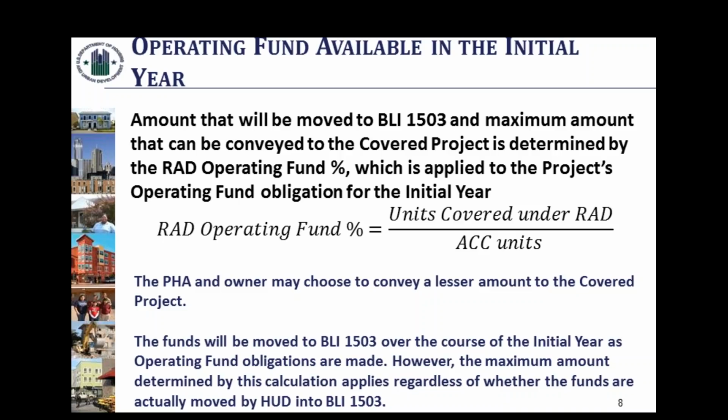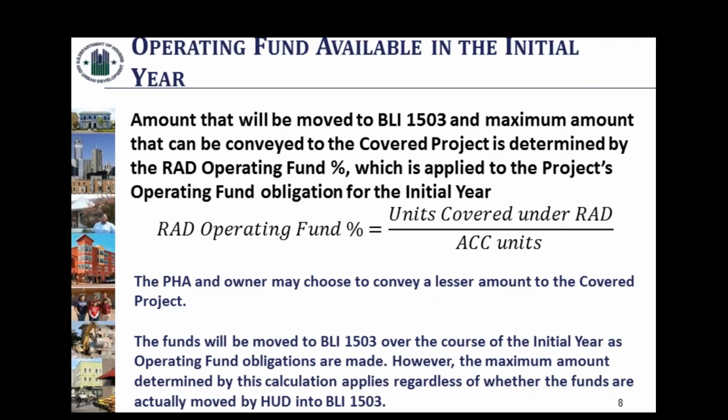This isn't something that is happening yesterday or today, but will happen shortly. And a key note on that is, even if the money doesn't move to 1503 or moves maybe 2 or 3 months after closing or something like that, that doesn't change the operating fund percentage.